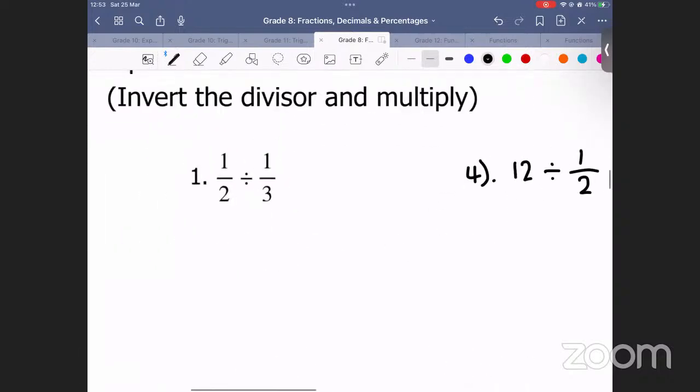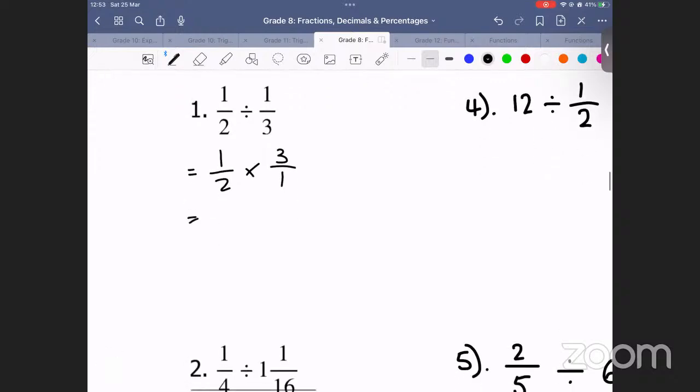So 1 over 2 divided by 1 over 3 becomes 1 over 2 times 3 over 1. Multiply in a straight line, you get 1 times 3, 2 times 1, which is 3 over 2.